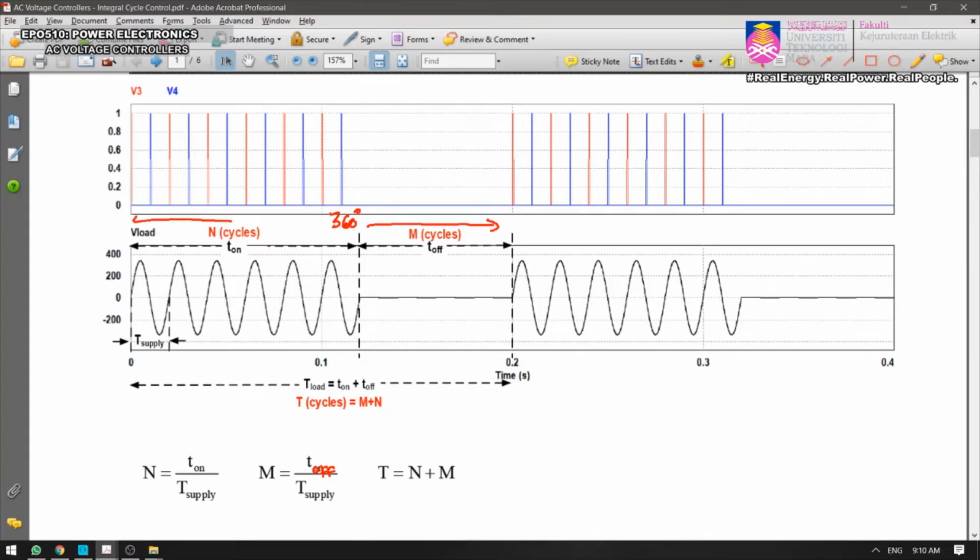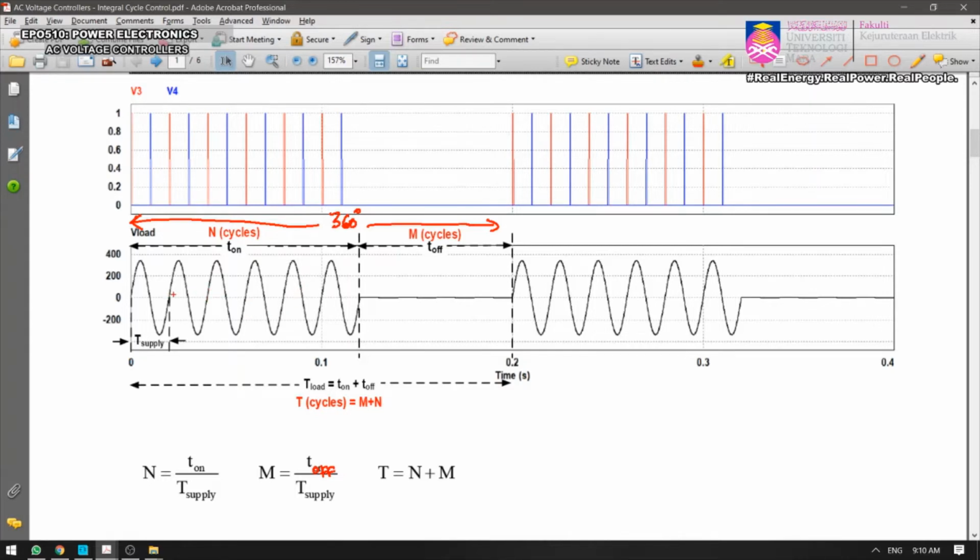So this is 360 degrees. If you want to trigger thyristor 1 and thyristor 2, you have to properly consider the cycles and also the angle to trigger thyristor 1 and thyristor 2.